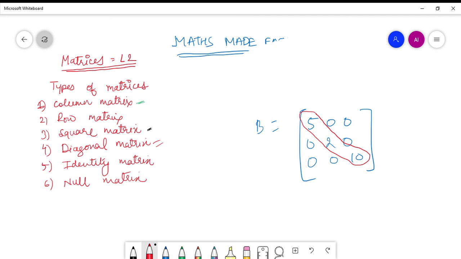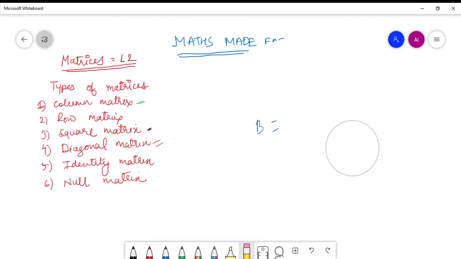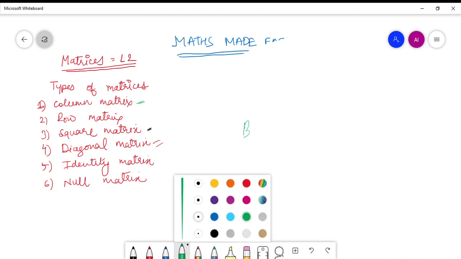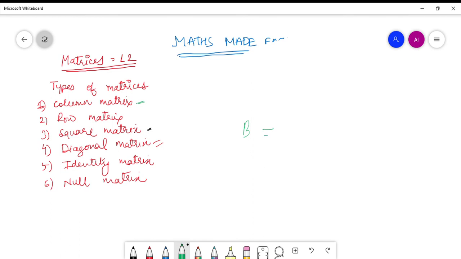Now what is identity matrix? A matrix in which the diagonal elements are 1 and all other elements are 0. So that will be 1, 0, 0, 0, 1, 0, 0, 0, 1.